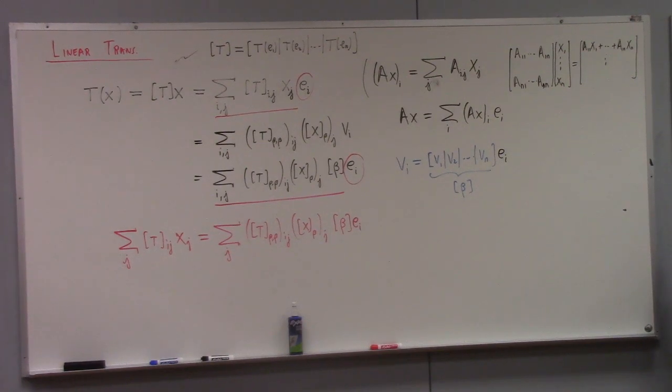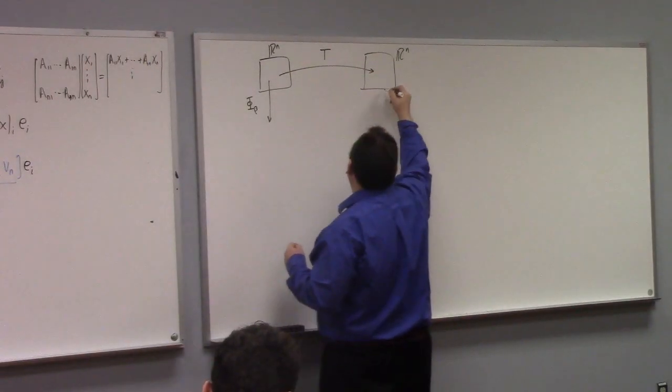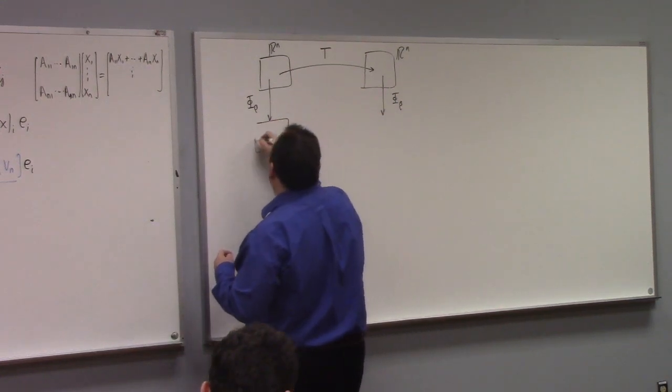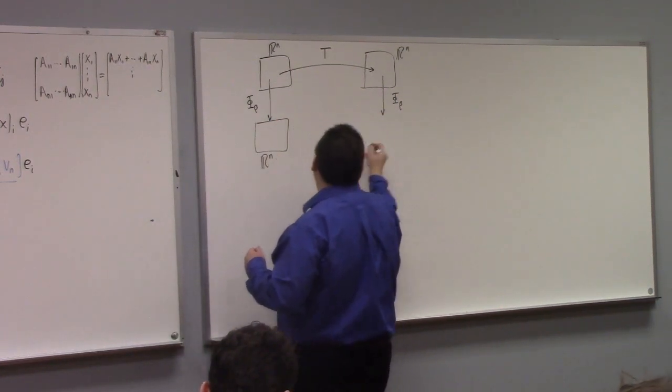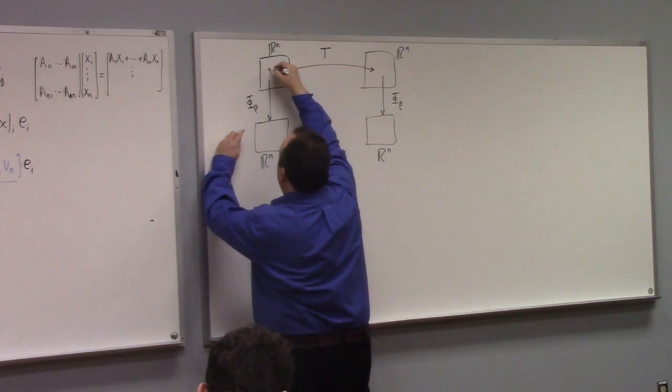So here's Rn. Here's Rn. I think about the linear transformation going from here to here like that. I think about this being my beta coordinate transformation, that takes me down to Rn again. Up here I have the point x.